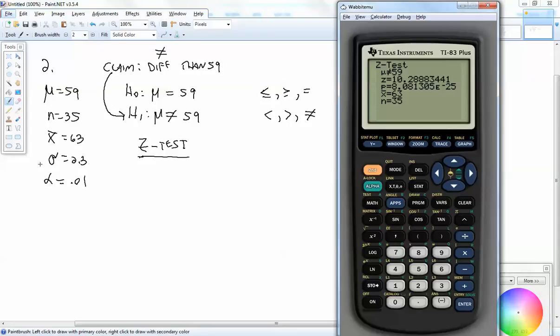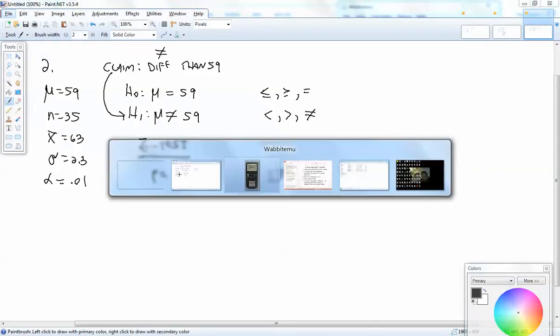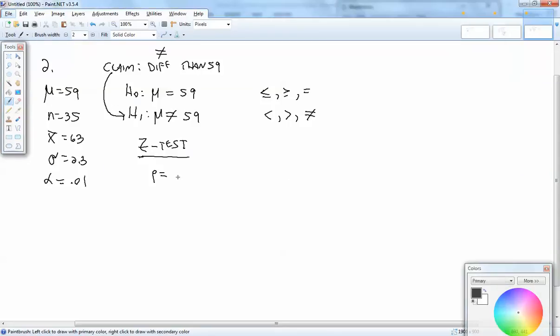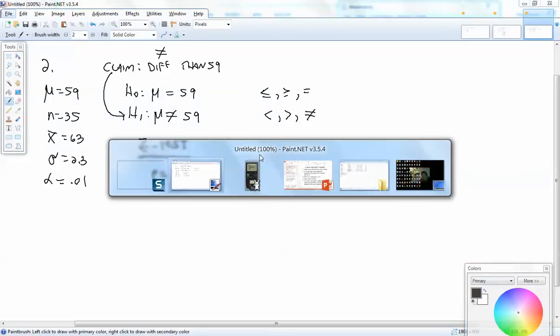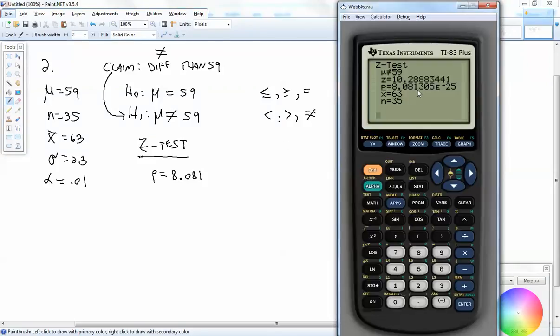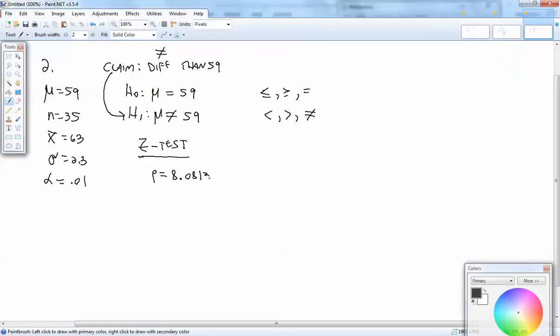Very, very small p-value here. I think it's 4 decimal places initially. It's got 8.813 e to the negative 25.